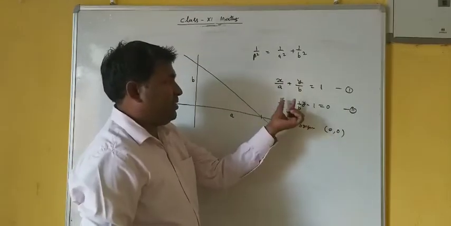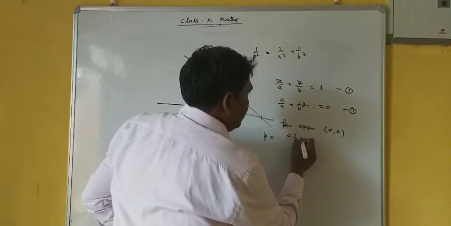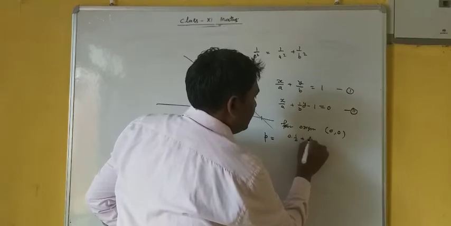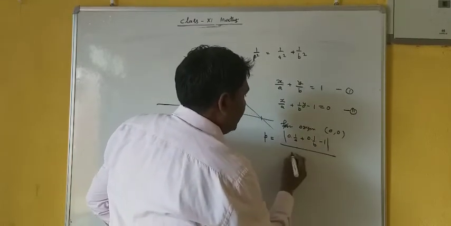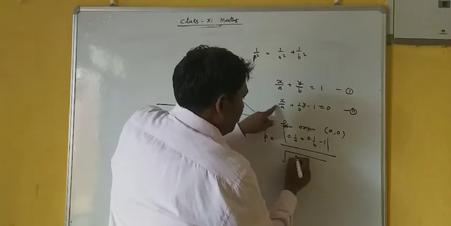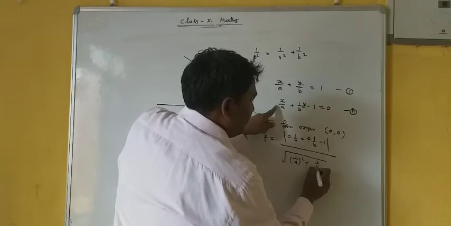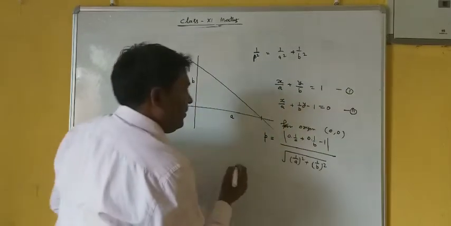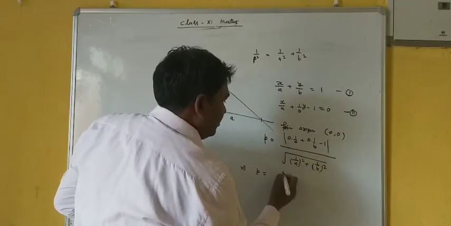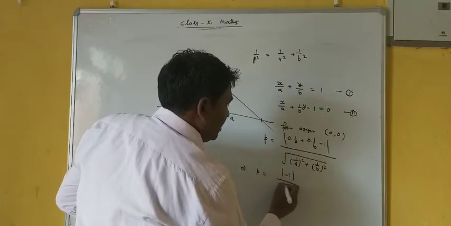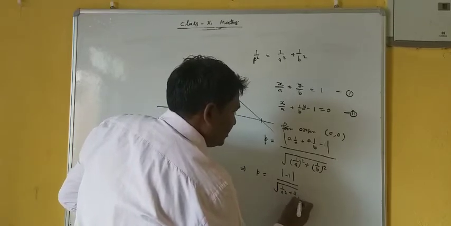Putting 0, 0 in place of x and y, we get 0 into 1 upon A plus 0 into 1 upon B minus 1, divided by the square root of the coefficient of x, 1 upon A whole squared, plus the coefficient of y, 1 upon B whole squared. So it implies that P is equal to the modulus of minus 1 upon the square root of 1 upon A square plus 1 upon B square.